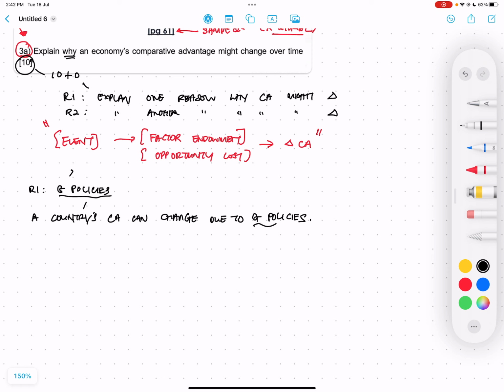Okay, so the example of the government policies I'm going to give is R&D subsidies.